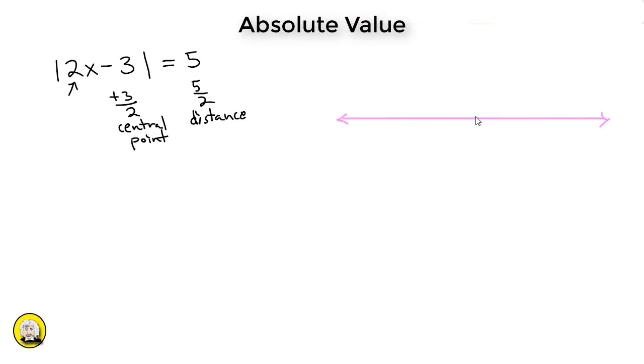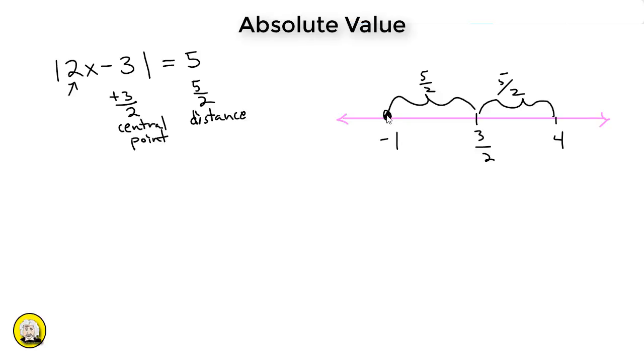So let's apply this graphically. A distance of 5 halves in either direction, that becomes 8 halves, or 4, and in the opposite direction, it becomes 3 minus 5, or minus 2 halves, otherwise -1.